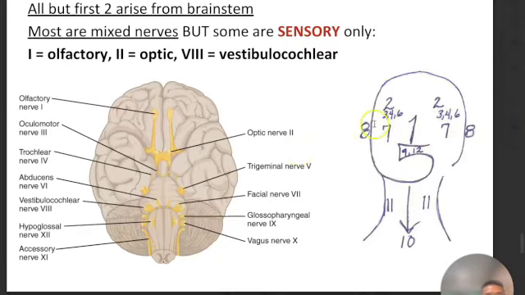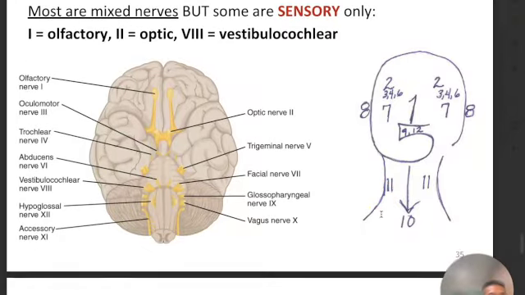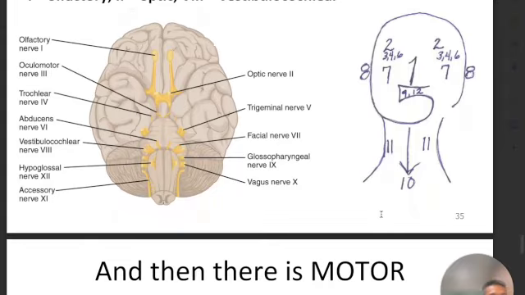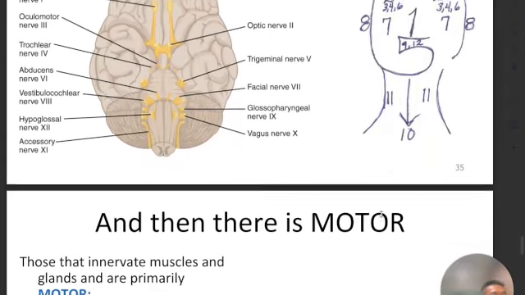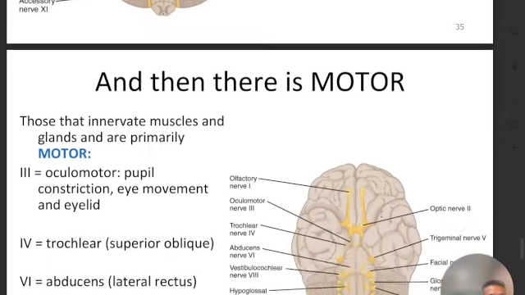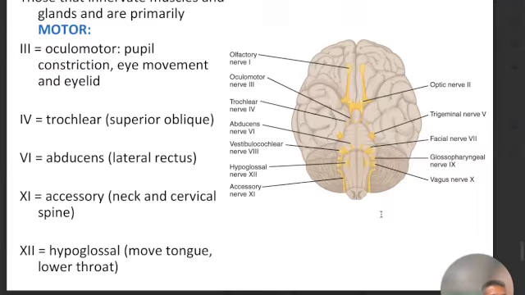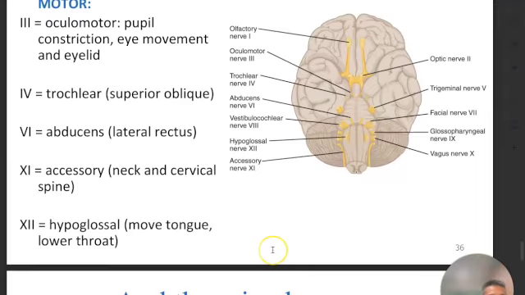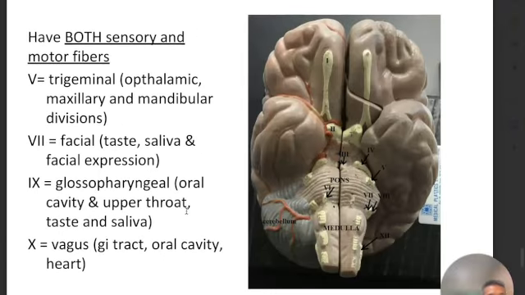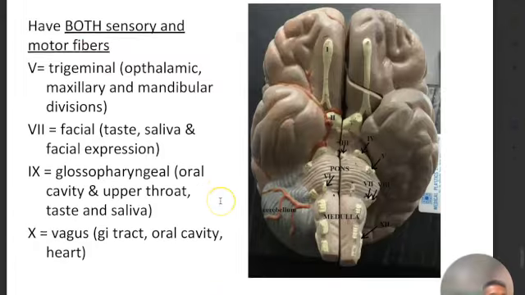Okay. 3, 4, 6 is movement of the eye. 11 is moving of the shoulder, and then 12 is moving of the tongue. So that would be motor. So if you read this, it's all about moving. And then mixed, it's got both sensory and motor.